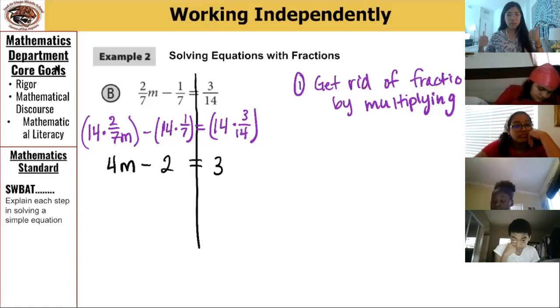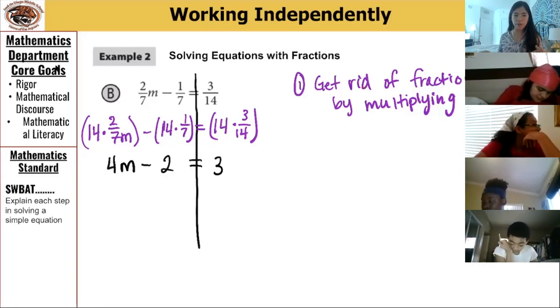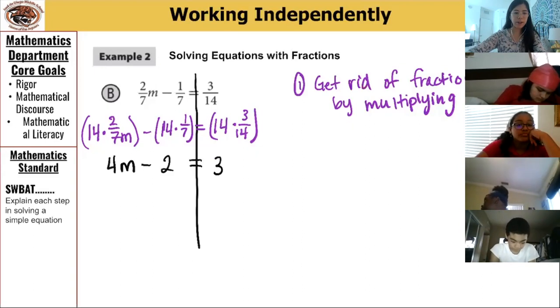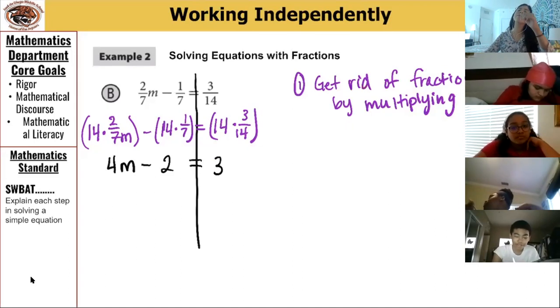Okay. Any questions at this point? Because I know you might have made a mistake at this point and then that messed you up for the rest of it. So if you made a mistake up to here and you have a question about it, let me know. Okay, cool. I forgot to divide for the first one, so I had 28 over 7.